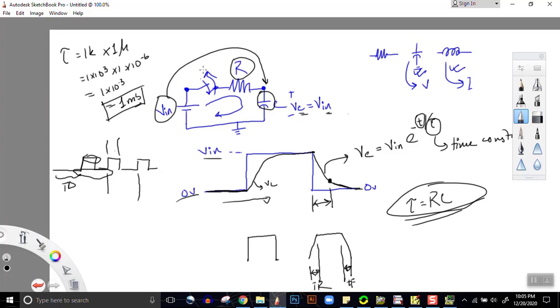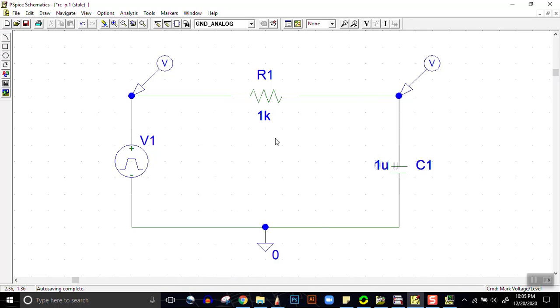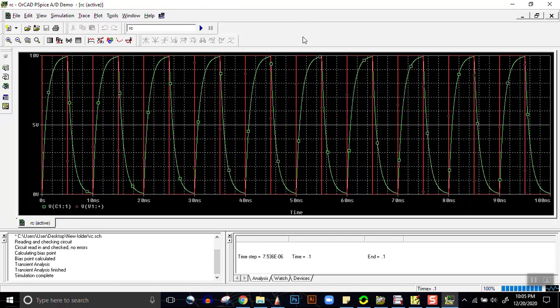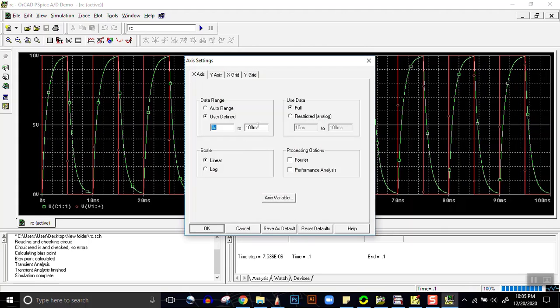Now you need to verify it from the graph itself. How can you do that? You draw the circuit where R is 1 kilo and capacitor is 1 microfarad, and you simulate it. After simulation, you'll get a graph like this. Maybe take 2 cycles, so 2 cycles would be 20 milliseconds.